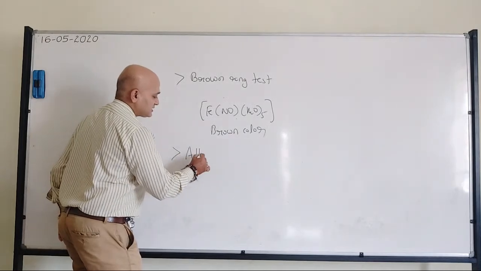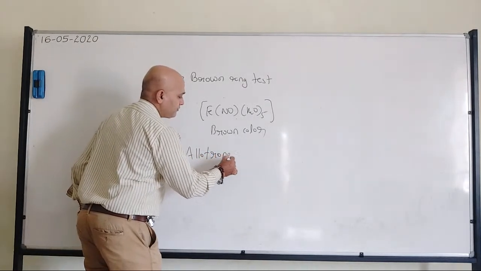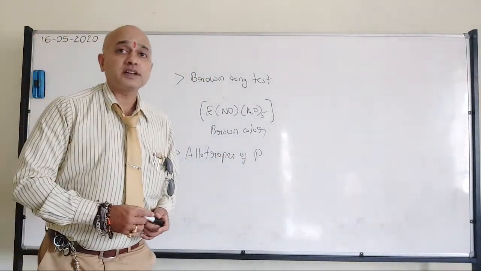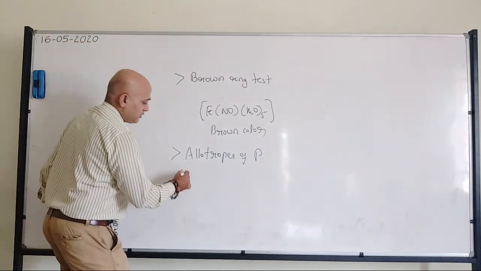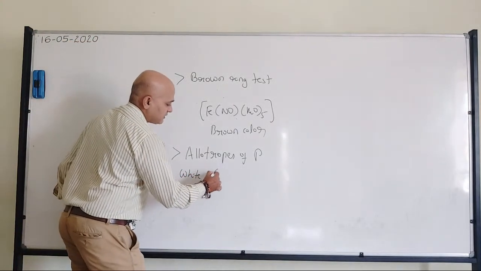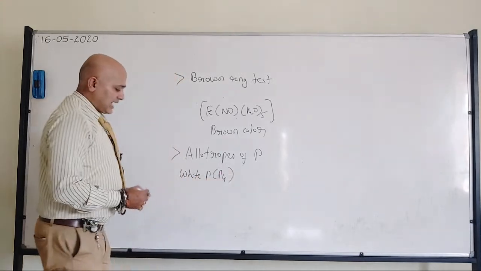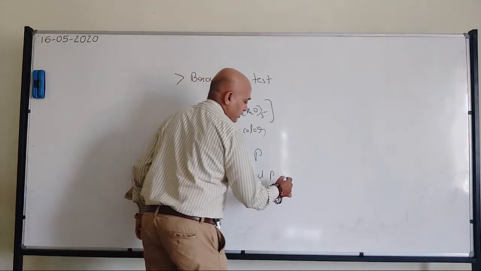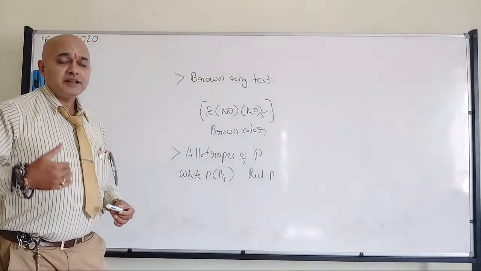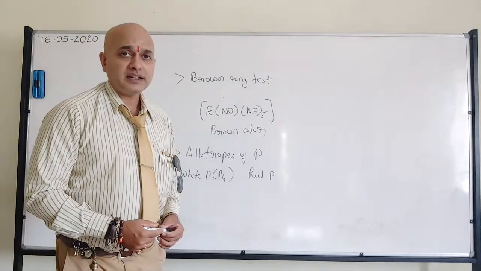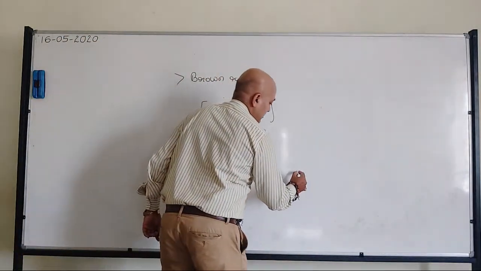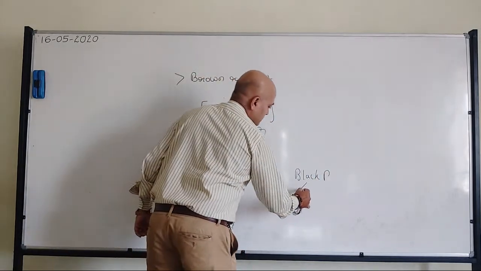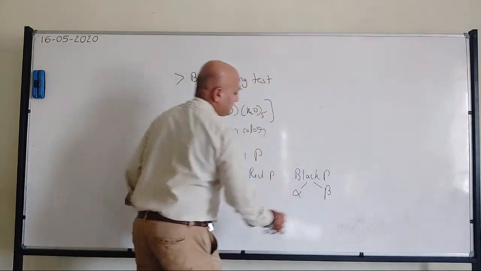Then we have discussed about allotropes of phosphorus, right? So where we have discussed about white phosphorus, whose molecular formula is P4, then red phosphorus, which is a polymeric form of P4, that means polymeric P4 molecules will be attached to each other. Then we have discussed about black phosphorus, and in black phosphorus we have alpha and beta type.